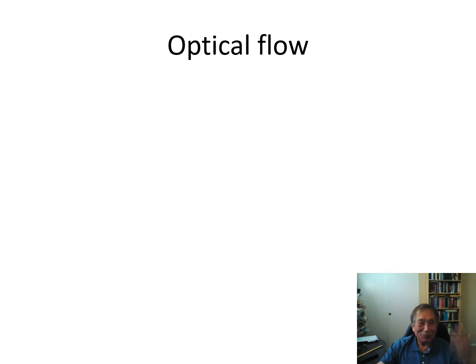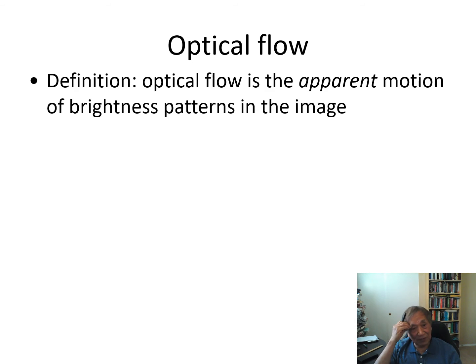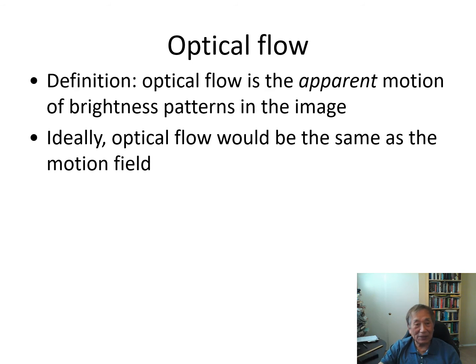So anyway, that's what we're talking about. The vision field, optical flow, is that apparent motion. How do they move, or how does brightness change in the image? So the flow must be the same as the motion field.